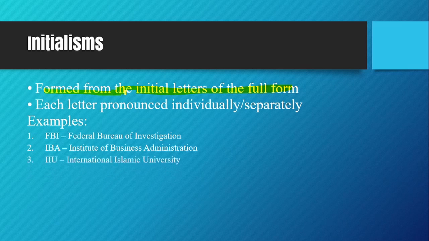IIU is the initialism of International Islamic University. IMF is the initialism of International Monetary Fund. We can also say that these all are abbreviations, but specifically we will say that these are initialisms.